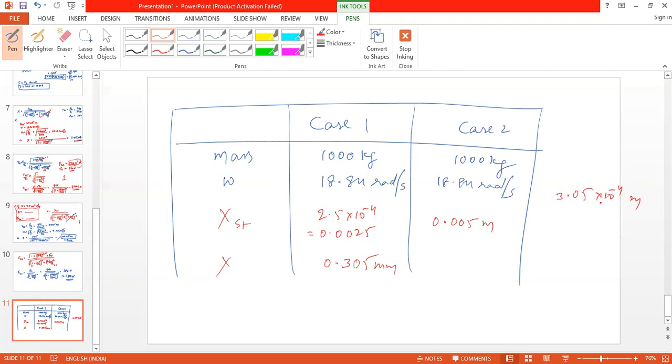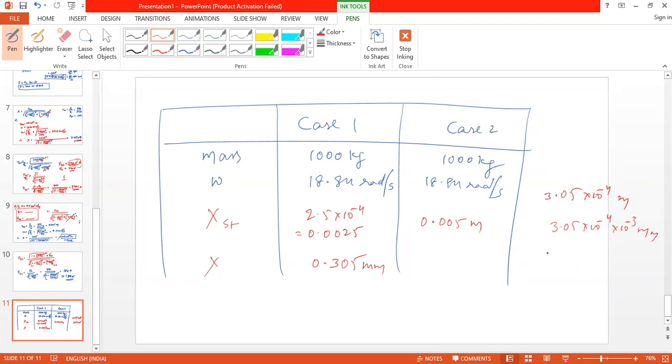For millimeter, it is 3.05 into 10 power minus 4 into 10 power 3 mm, or 3.05 into 10 power minus 1 mm, or it is 0.305 mm. So 0.305 mm was the maximum amplitude of vibration, and here it is 1.9 mm for the second case.